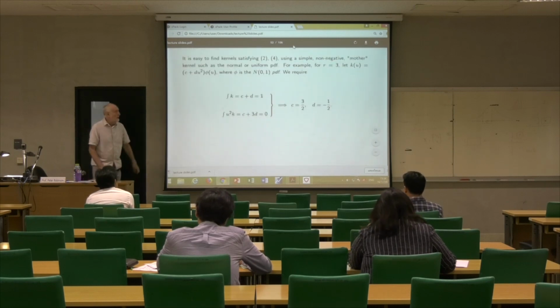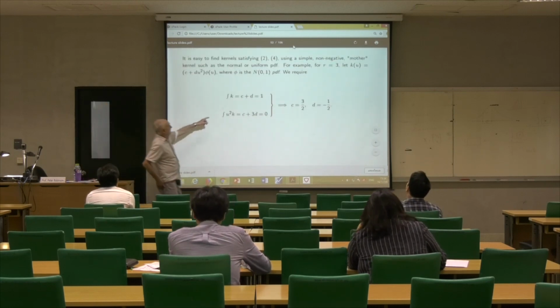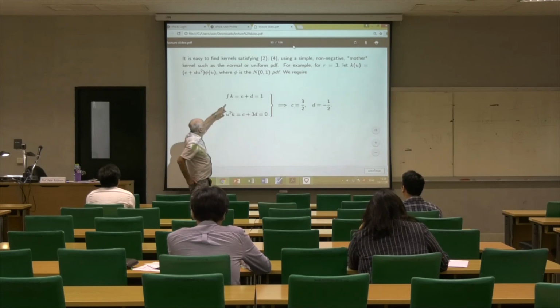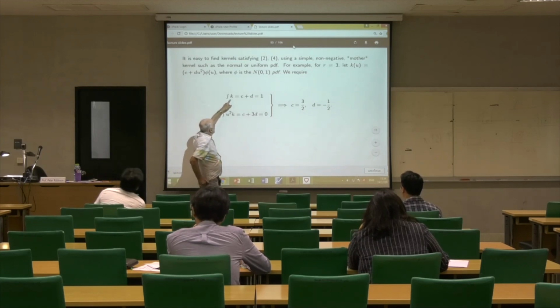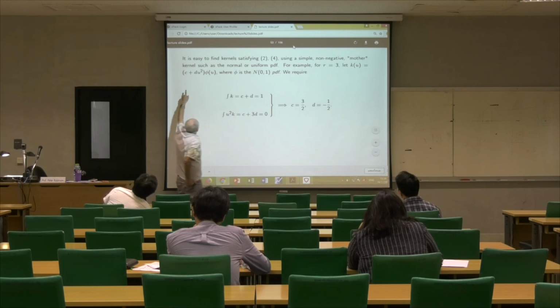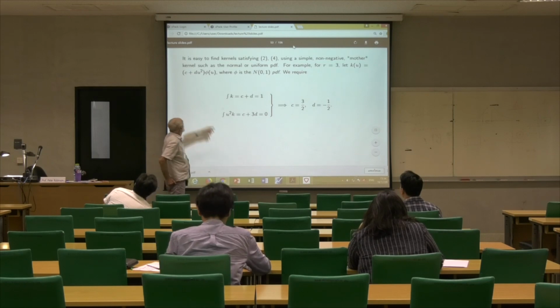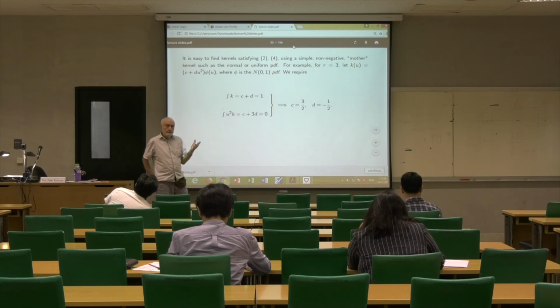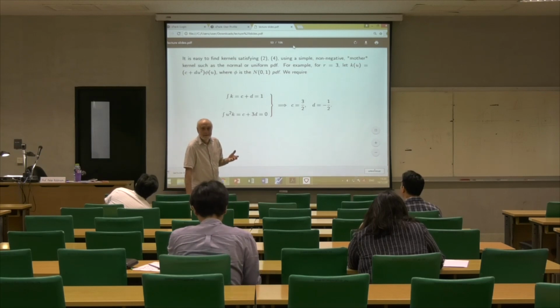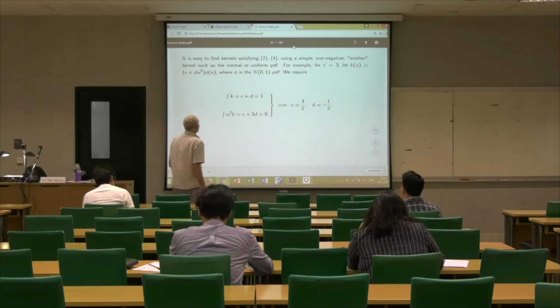We work this out using the properties of the normal density. The integral of c times phi is just c, and the integral of phi is 1. The integral of d times u squared times phi is just d, because the integral of u squared phi is the variance of the standard normal, the second moment, which is 1.